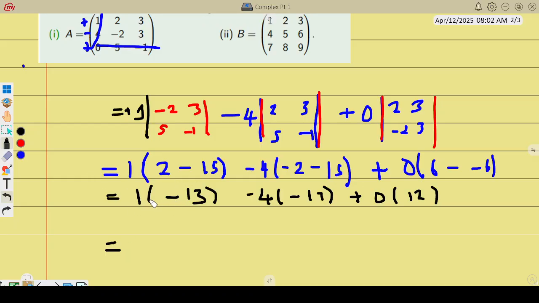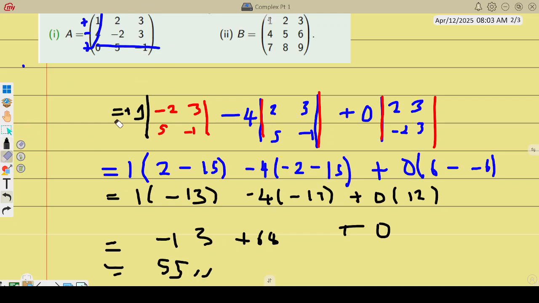So 1 times negative 13, negative 13, and then 4 times 17, it will be negative and negative positive, 68. This is a 0. So negative 13 plus 68, I've gotten 55. So this is the determinant.